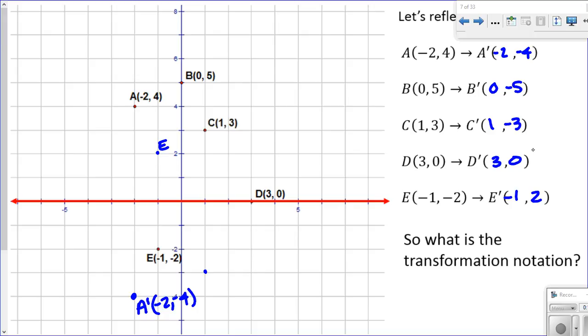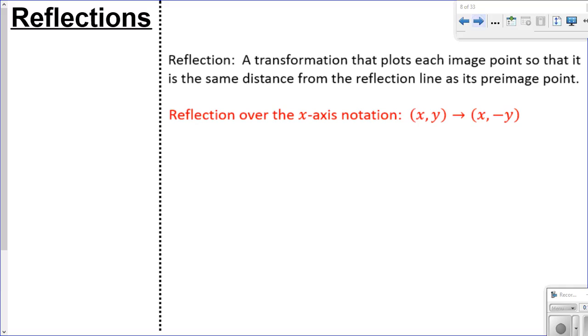Okay, so now you'll pick up your pencils and write this under where you wrote reflection. Whenever you're doing the reflection over the x-axis, that notation is going to be the same all the time. It's where x stays the same, but y becomes the opposite. Because when you're reflecting over the x-axis, if the point is above the line, then you go below the line. If the point is below the line, you're reflecting so it's above the line.